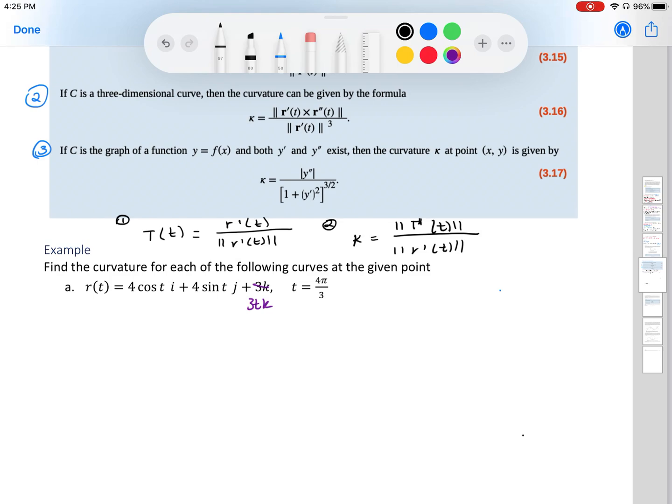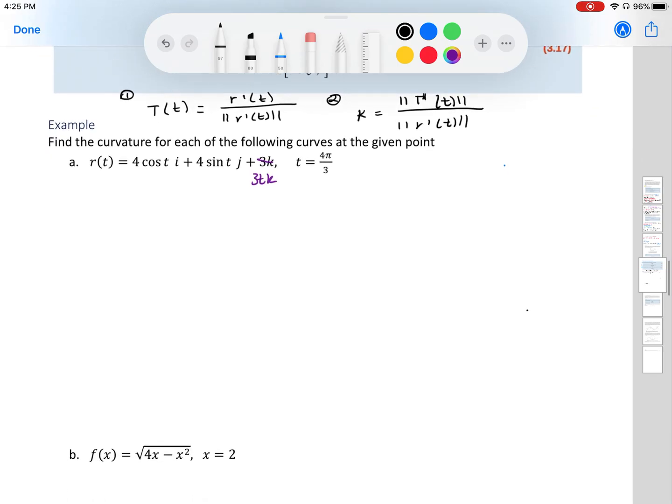Okay, let's find that first formula. So we need to find the derivative. r prime of t is given by negative 4 sine t i plus 4 cosine t j plus 3k.